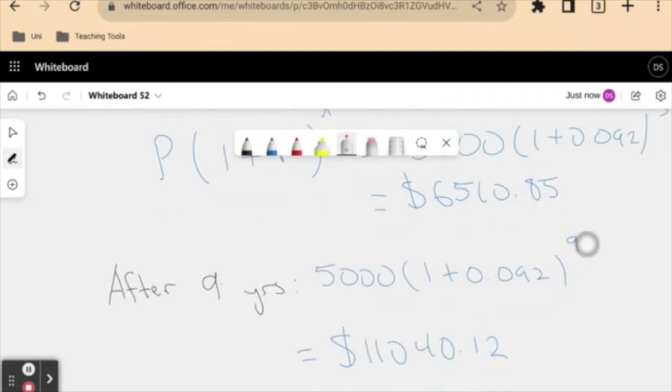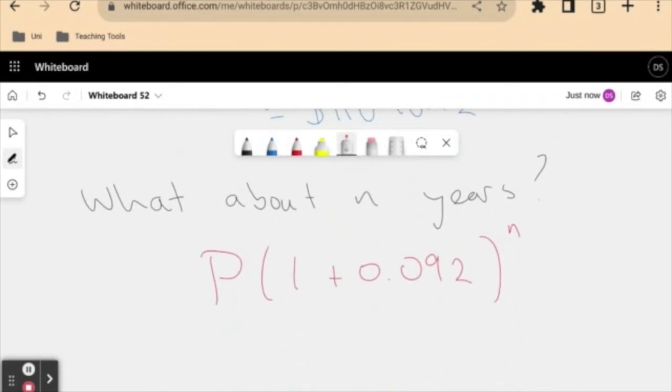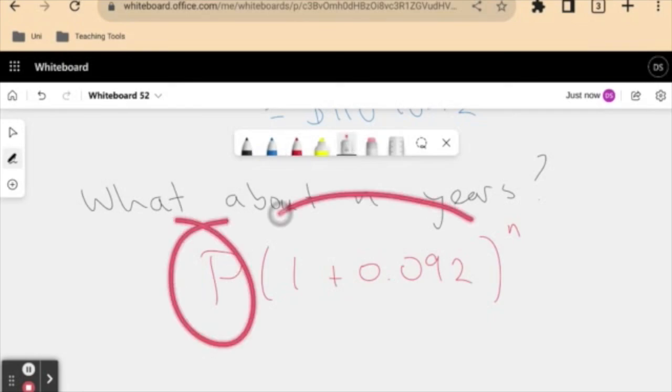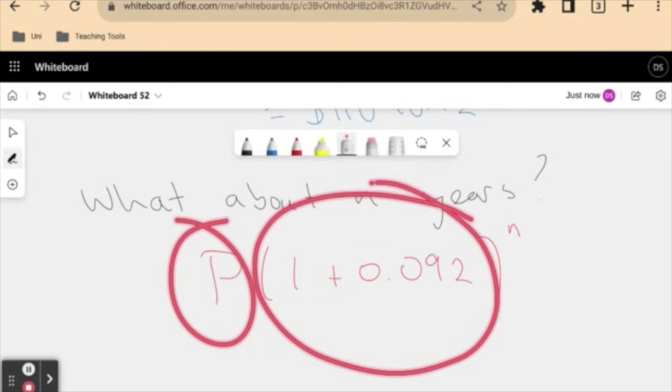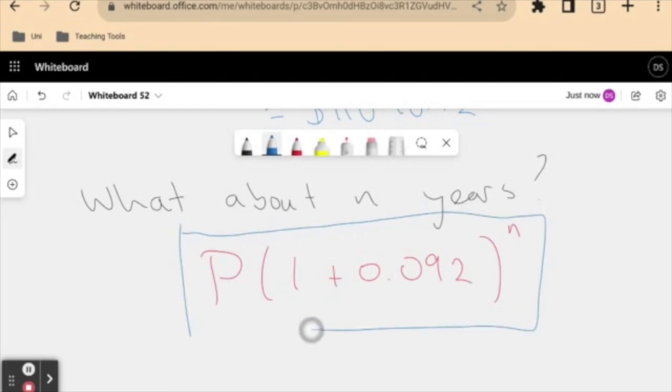And in the case of n years, we have our principal with our rate increase here and our number of years. Now this thing here is our general formula for compound interest.